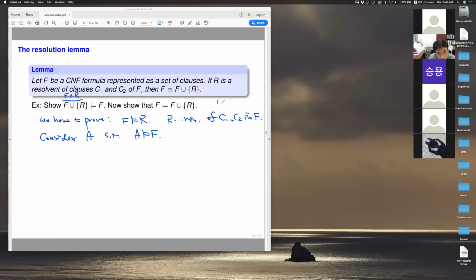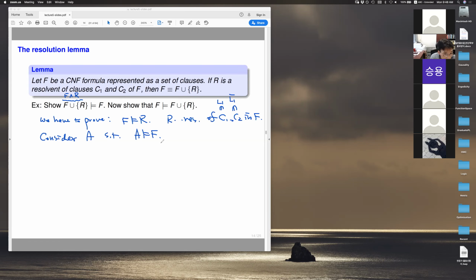Let's call the literal in C1 L1. Then its complement, L1 bar, should be in C2. L1 may be a negation of a propositional variable. That's completely okay, because the complement just removes the negation sign. They are in a complementary relationship.